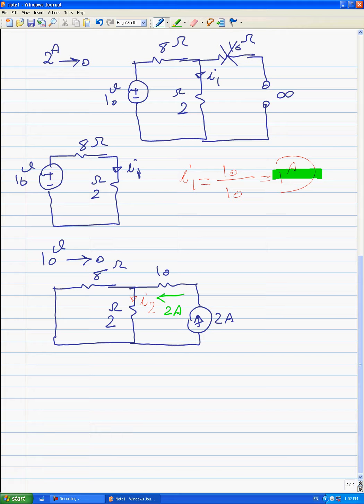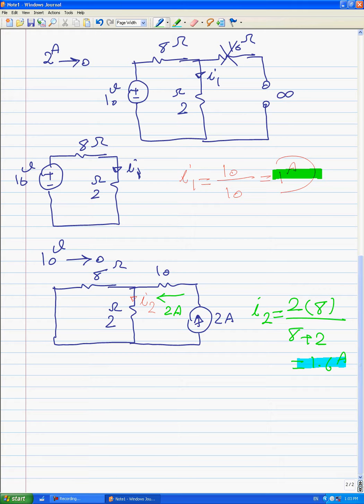As you remember from tutorial 1, the divided current rule says I2, this current, is equal to the total current 2 divided by 8 plus 2 times 8. The current is equal to 1.6 amps. This is the final answer for the second part of superposition.